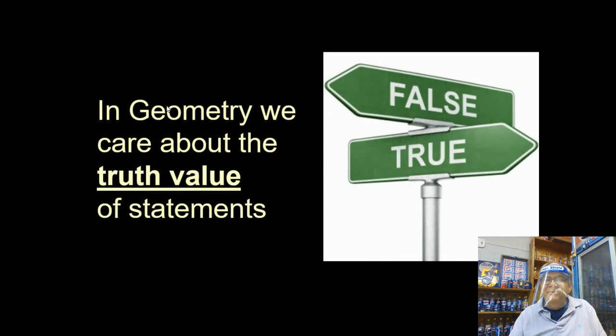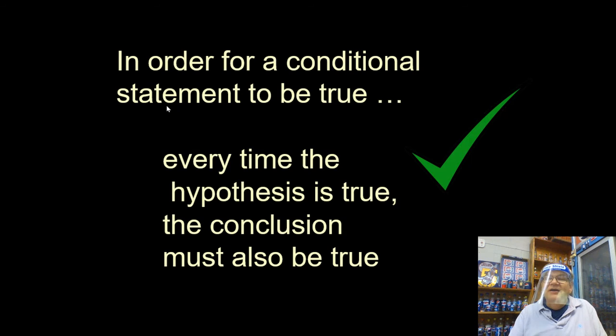So that's what we're going to end up learning about today. It turns out that in order for a conditional statement to be true, what has to happen is every time the hypothesis is true, the conclusion also has to be true. If the if part happens, the then part's got to happen too. That's the whole idea of what makes a conditional statement true.